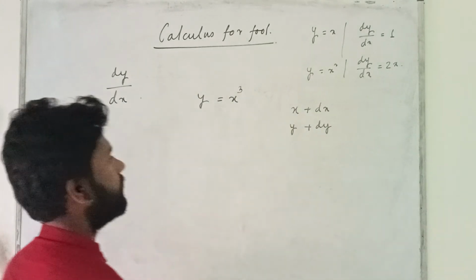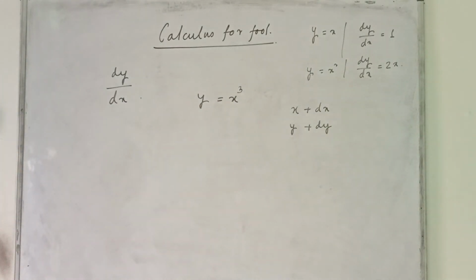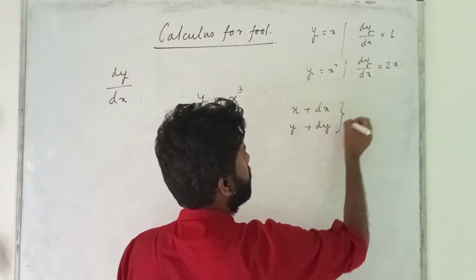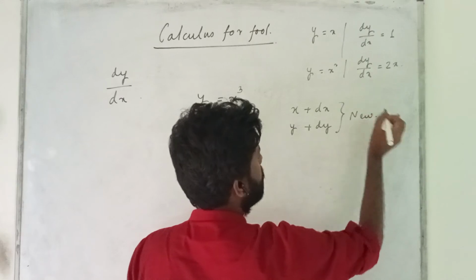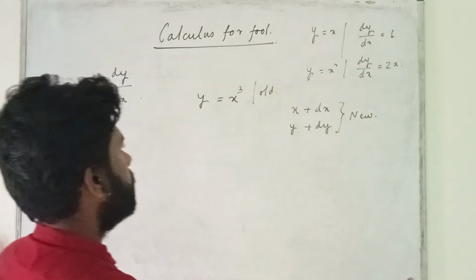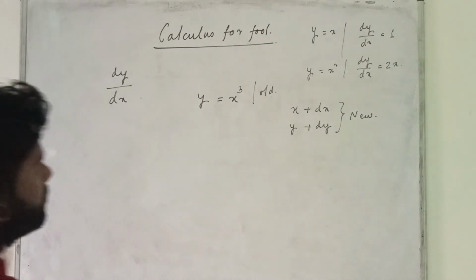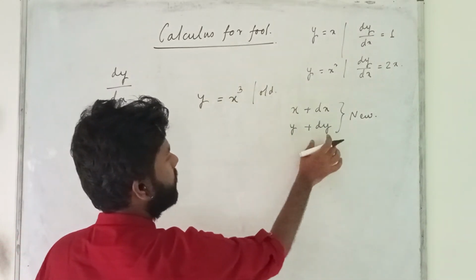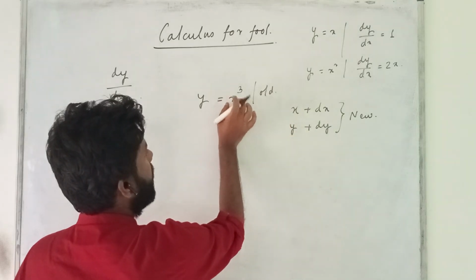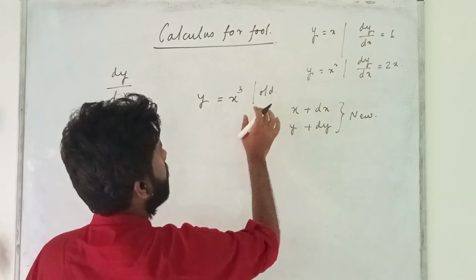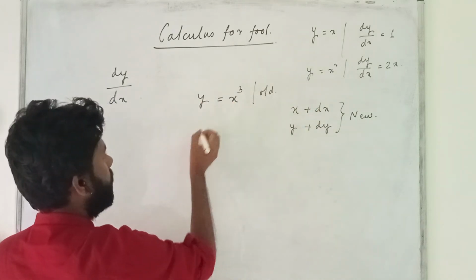If x is changed, then y should be changed. So it is the new x and y, and that is the old thing. The similar thing: just put it here, instead of y it is y plus dy, and instead of x it is x plus dx.